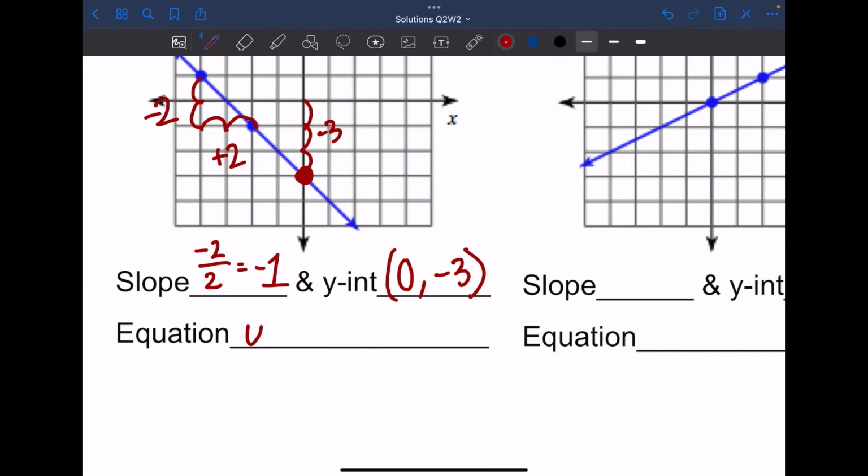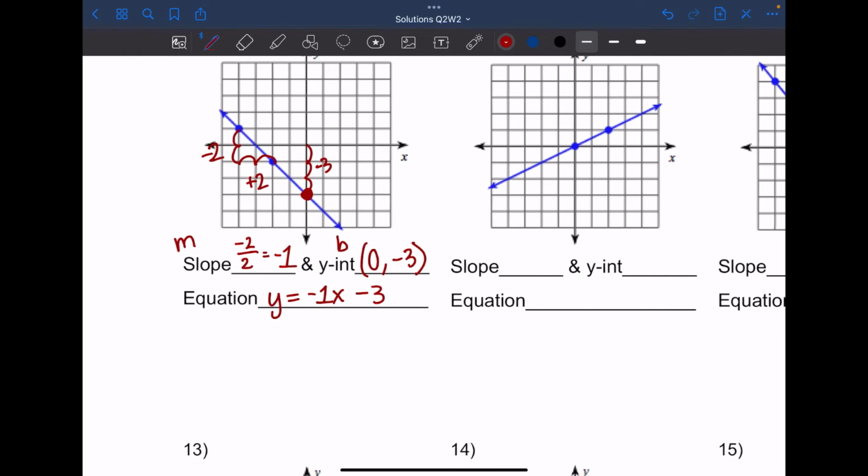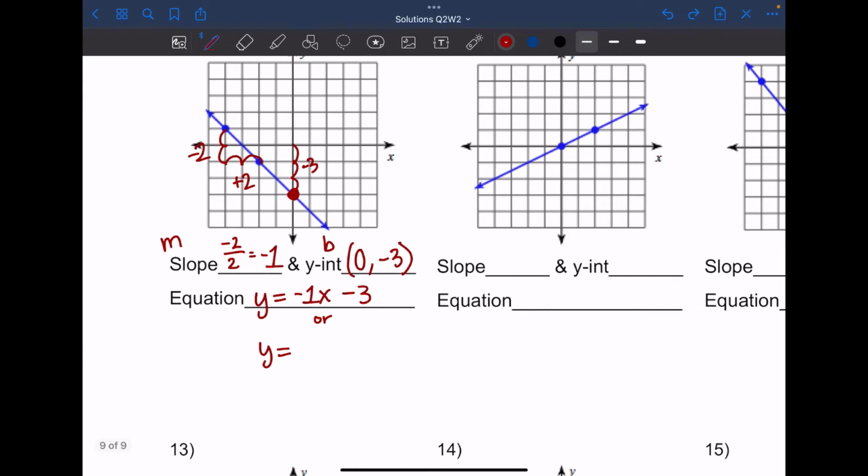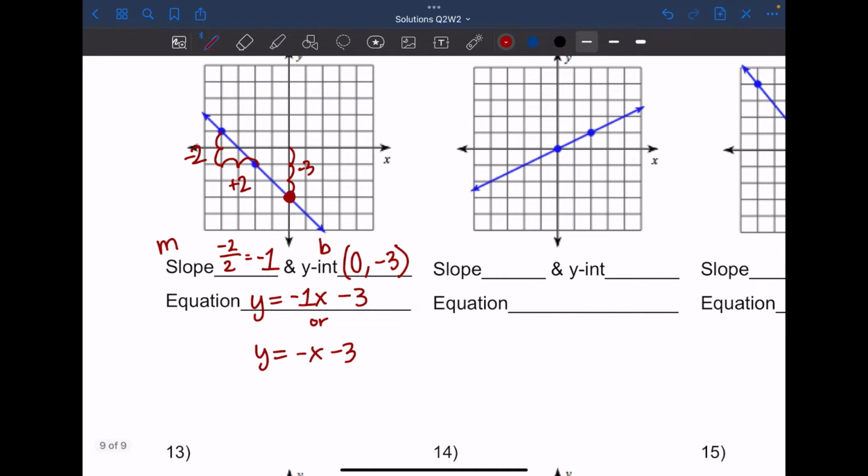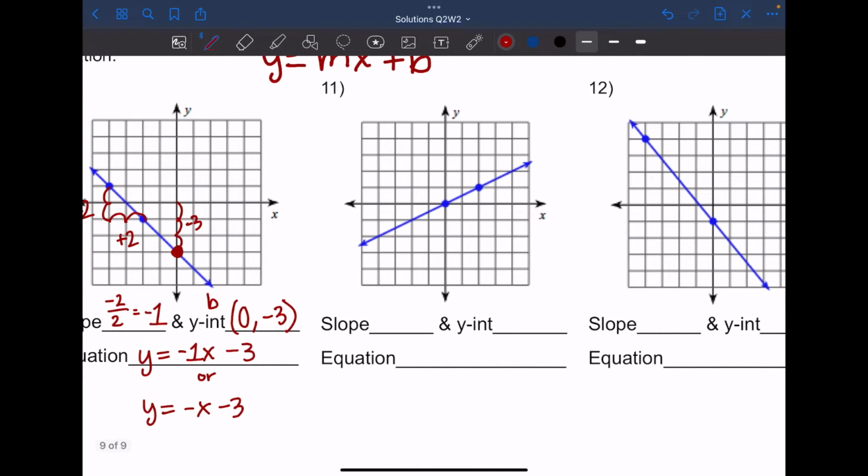So y equals, now m, that's the slope, and b, that's the y-intercept. So this is going to be negative 1x, or just negative x, because you can make the 1 invisible, and then minus 3. So I'll put "or" underneath it, because you can also put y equals negative x minus 3. I didn't leave enough room. Okay, so we're going to continue that process for numbers basically 11 through 15.